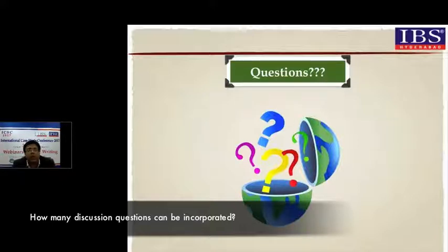If you have 3 or 5 objectives to meet, based on that you have to develop some questions. If you can have only 3 questions and cover all the objectives, then it's fine. If you need 7, then go for 7.